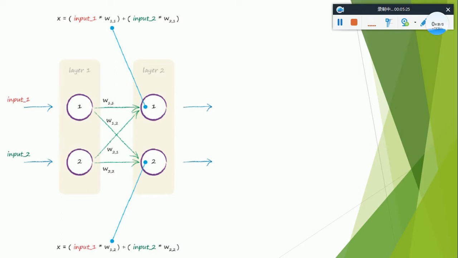For row 2 in level 2, the input signal is x equals input 1 times w12 plus input 2 times w22. This is how we calculate it. We can use matrices to do this kind of calculation conveniently if we have more rows and more levels.